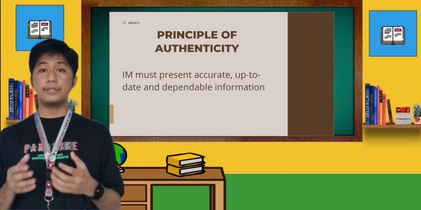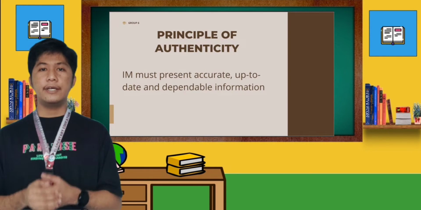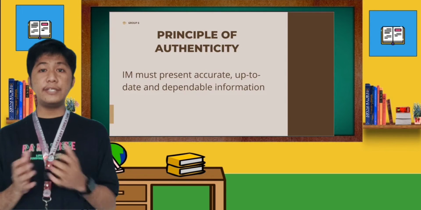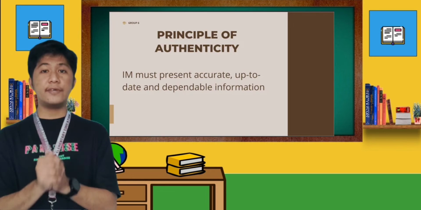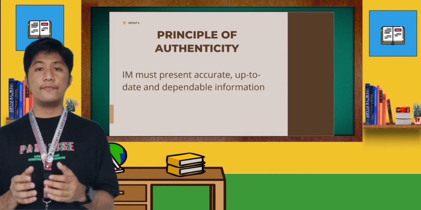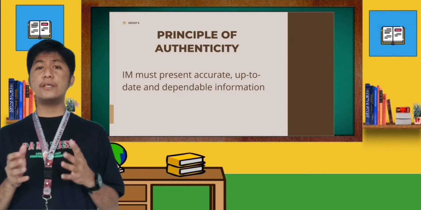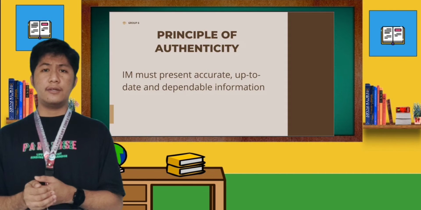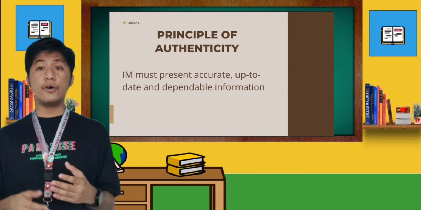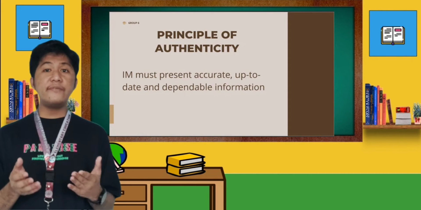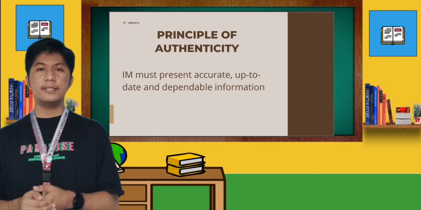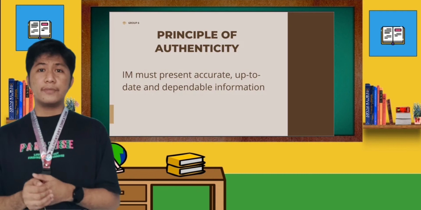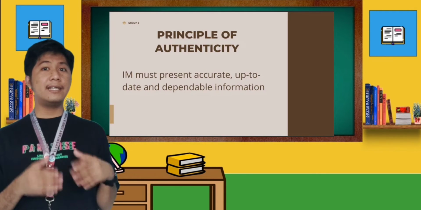Another thing that we should consider as a future educator in preparing materials is the color. We must provide the right specific color in our IMs. For example, if we are going to show a picture of a horse, it is necessary that the color of that horse is correct, because maybe if a child sees a horse in person, they might ask themselves, is that a horse?